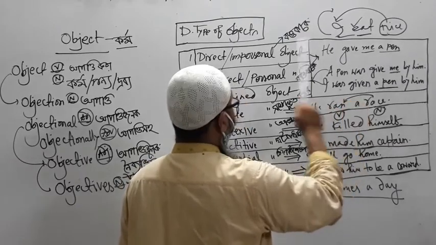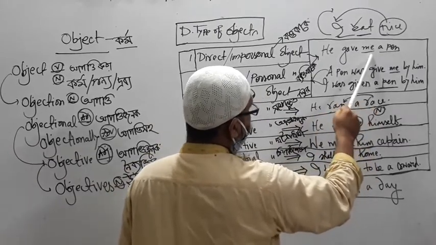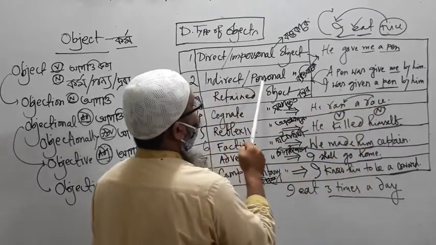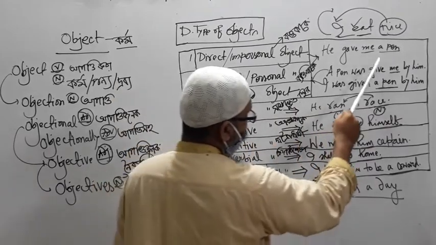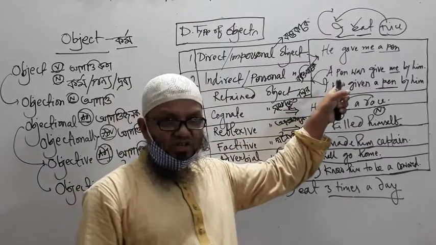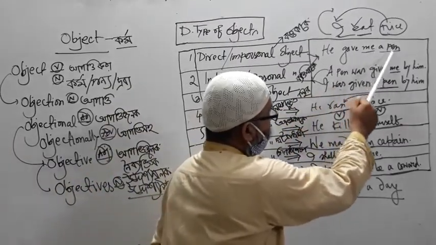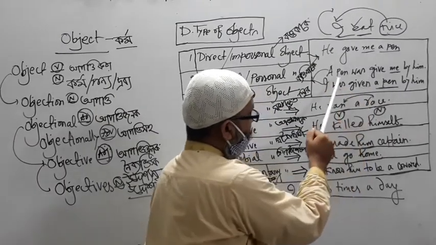Okay, the impersonal or direct object is a pen, and me is the indirect or personal object. Me is the indirect or personal object. When you turn this sentence into passive voice, one object can be the subject here.